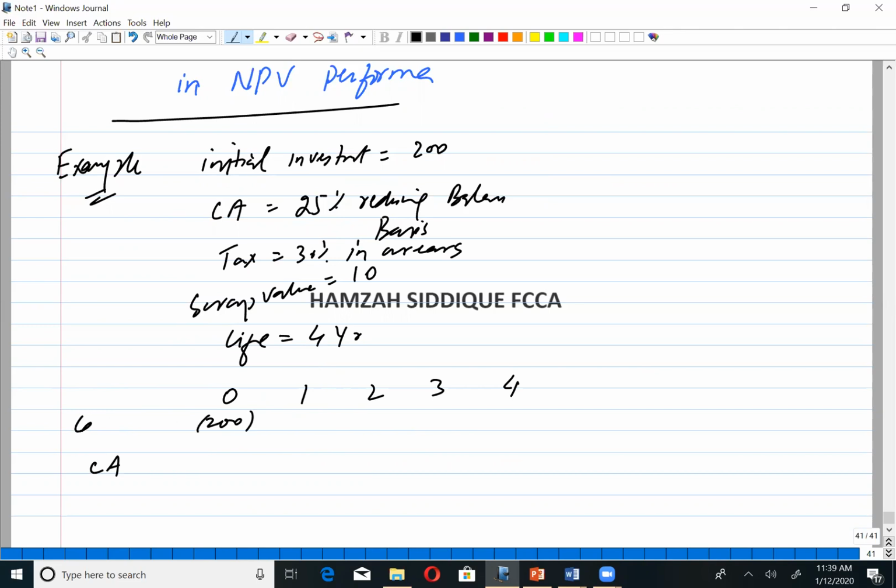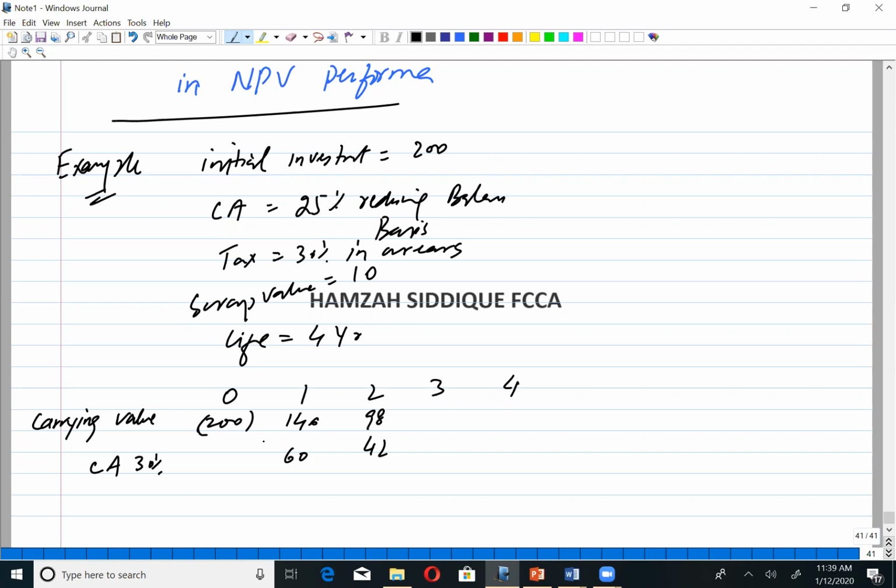So this is the carrying value. Capital allowance, that is 30%, 60 capital allowance. And here carrying value is how much? 140 remaining. So 42. And here carrying value is 98.